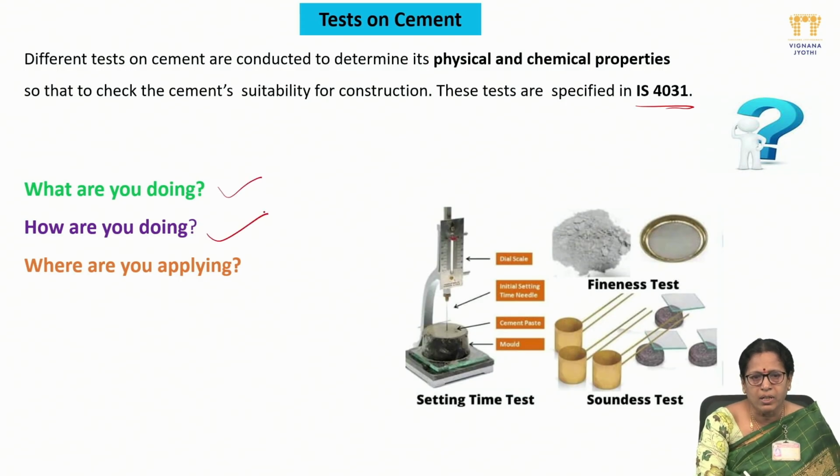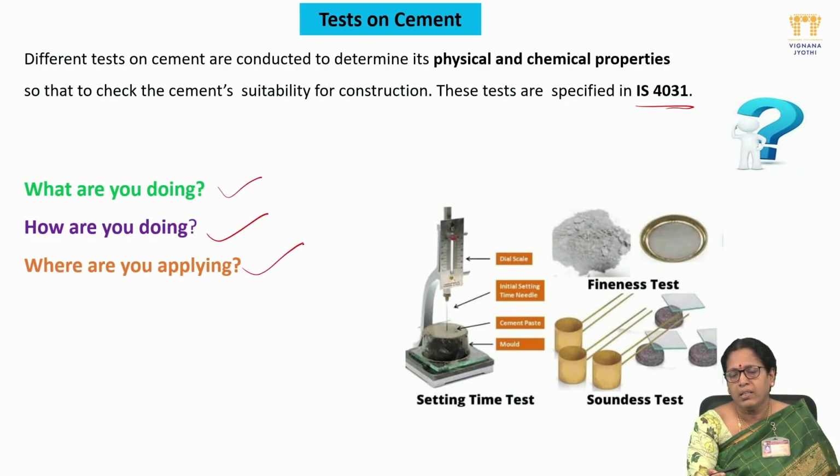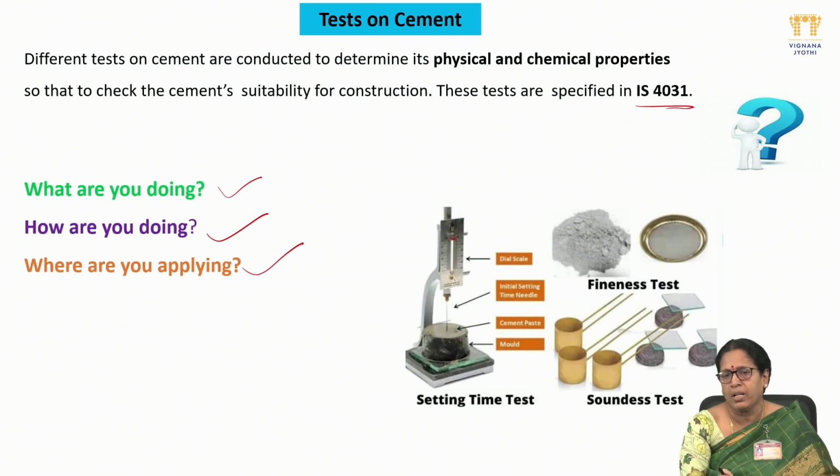How are you doing? Where are you applying? These 3 questions are very important to know the concept of an experiment, what they are doing, how they are performing that experiment in the lab, and where they will apply that experimental concept in their future application.